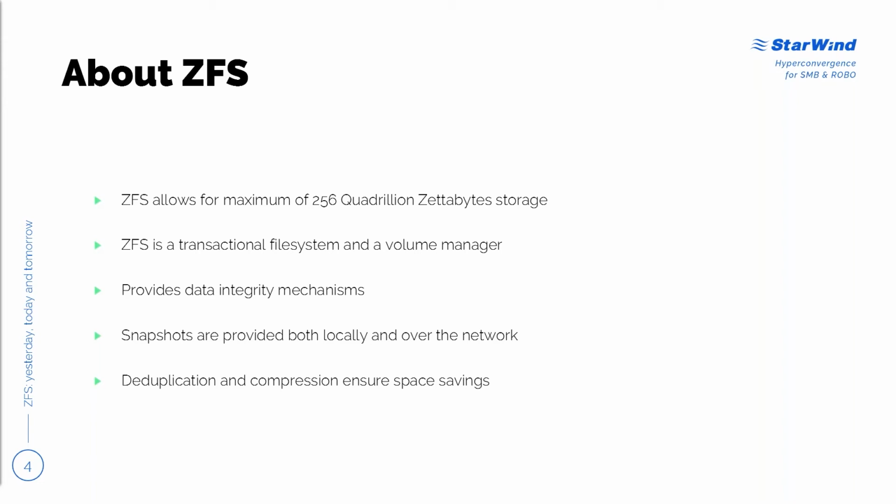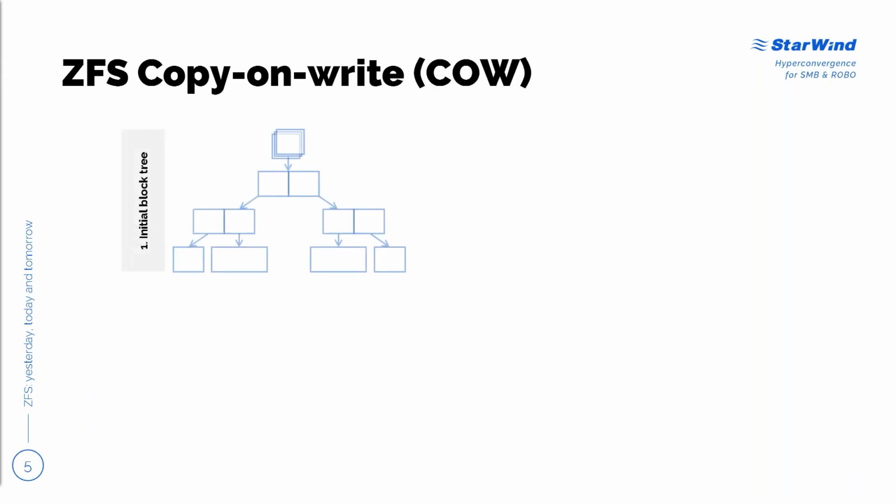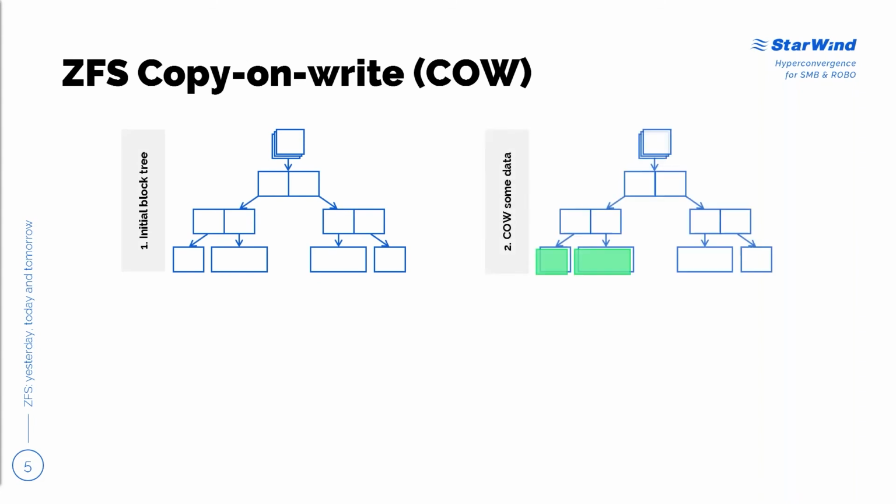But let's stop in more detail on the main ZFS benefit, basically resilience and data consistency. ZFS is a copy-on-write transactional file system. Unlike common file systems, it does not overwrite data in place, but creates new blocks instead, so the original data remains intact.